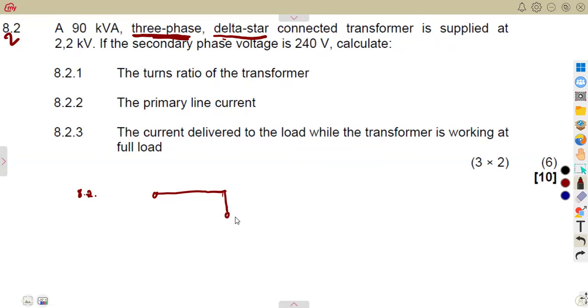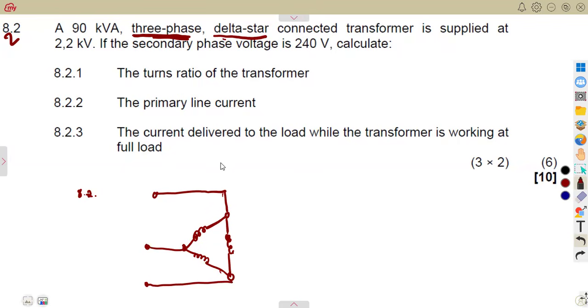Remember, we say this is a delta star, so we are going to have a delta in the primary. Okay, so we're gonna have our connections. Remember your connections for the delta. We're gonna have something of this nature. These two can just meet here. All right, so this is the input, which is in delta.